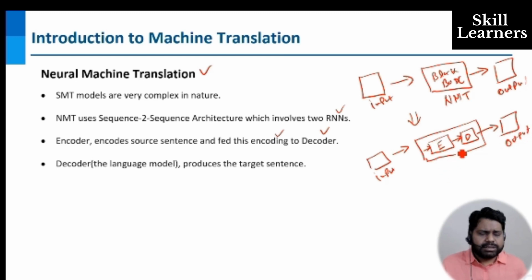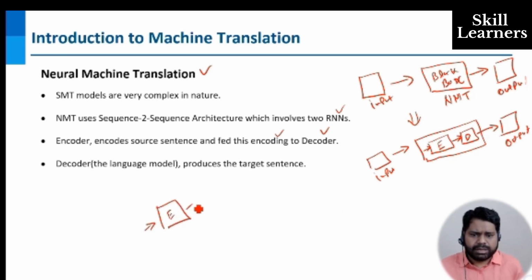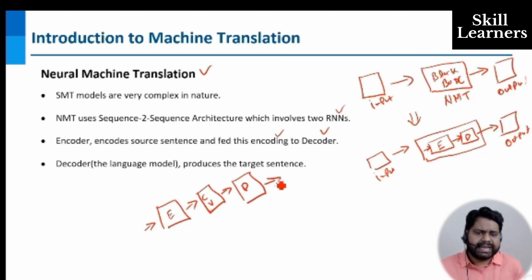Further, let's elaborate on how this happens. The encoder encodes it into a contextual vector, and that contextual vector goes to decoder, and then decoder decodes it and gives us the output.